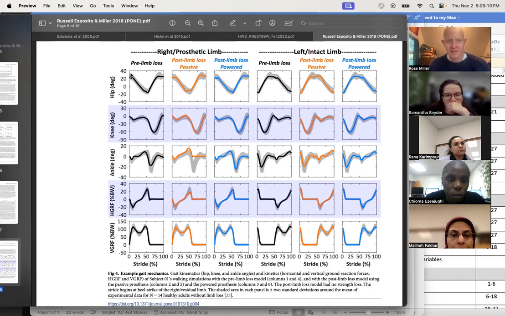So when you weight those tracking variables inversely proportional to their standard deviation like this, it's basically defining these shaded gray bands and saying, try to get the movement within those bands, to be statistically close to average human experimental data.